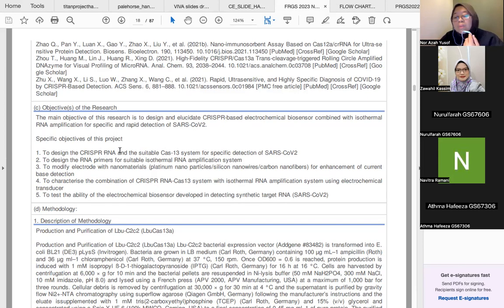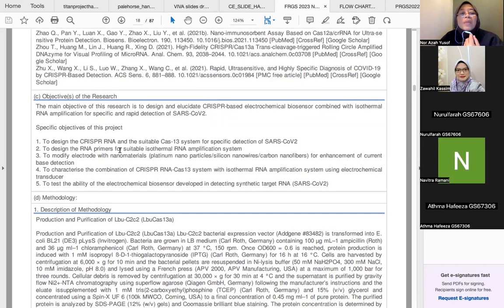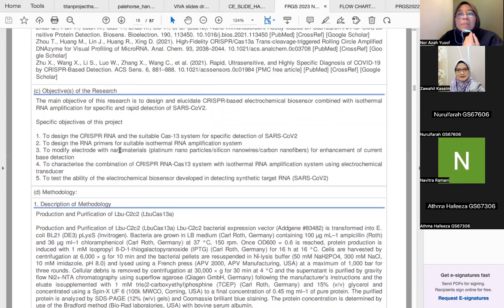So the first one that you want to achieve, for example in my case, is the design, because this is very important for me. If I fail to design the CRISPR, then the whole thing will not be applicable. And then after that is to modify the electrode, because I'm using an electrochemical sensor.